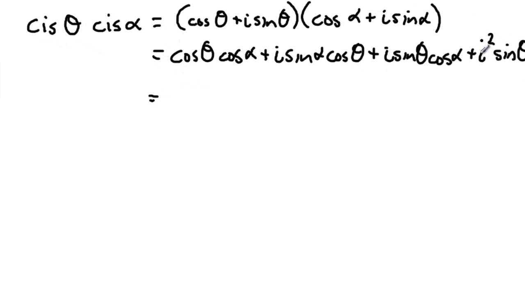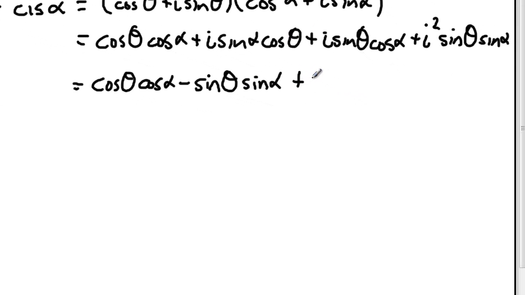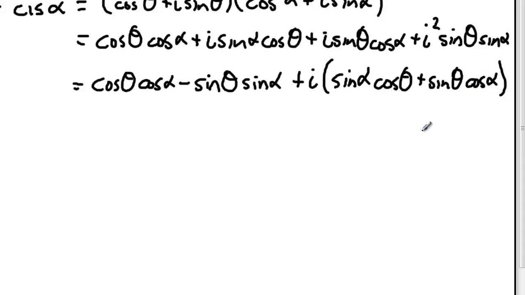Well, we know i squared would be negative 1, so we're going to get the real components together. The real component would be cosine theta cosine alpha, and that would become a minus sine theta sine alpha. Let's do the imaginary components. So plus i, and let's factor it out, sine alpha cosine theta plus sine theta cosine alpha.